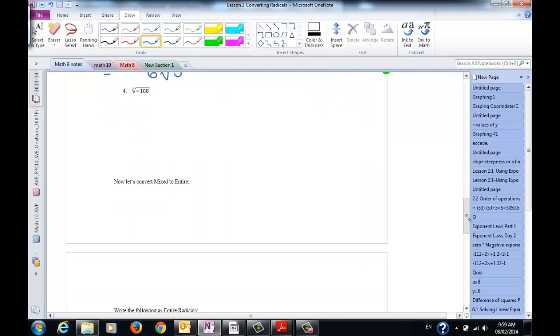Alright, so question number 4 says the cubed root of negative 108. Now last time we were talking about this. If I have an even root of a negative number, then we call it imaginary or non-real, and we can't do anything.